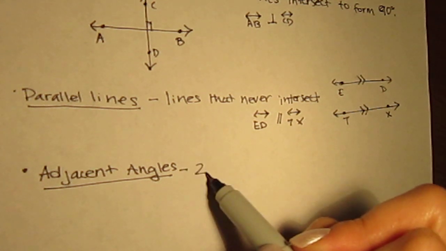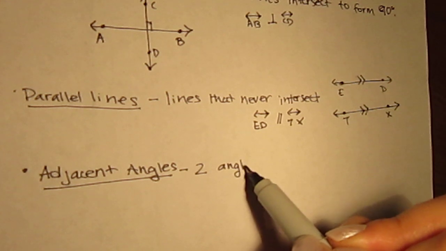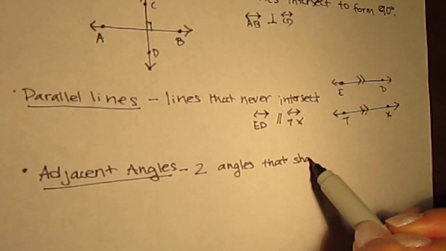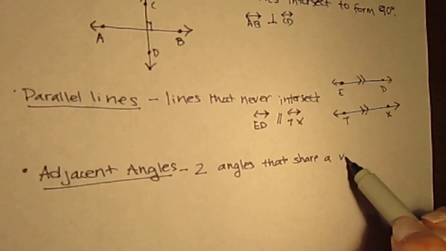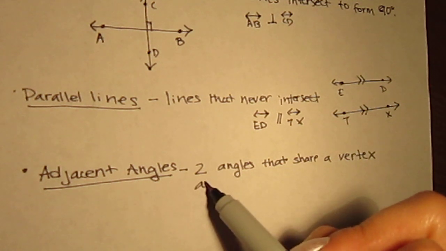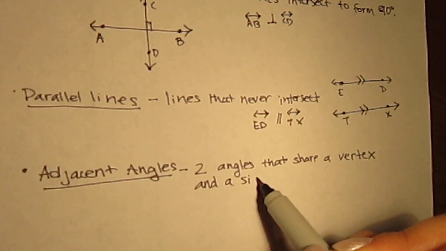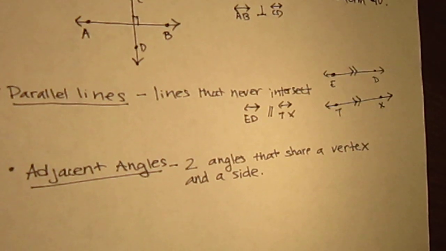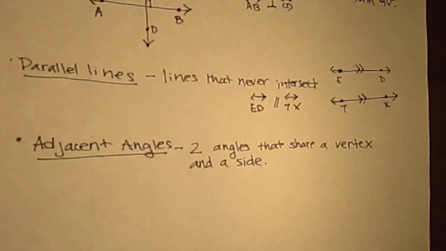Adjacent angles are two angles that share a vertex and a side. A vertex is like a corner or a point where two lines or two rays meet.